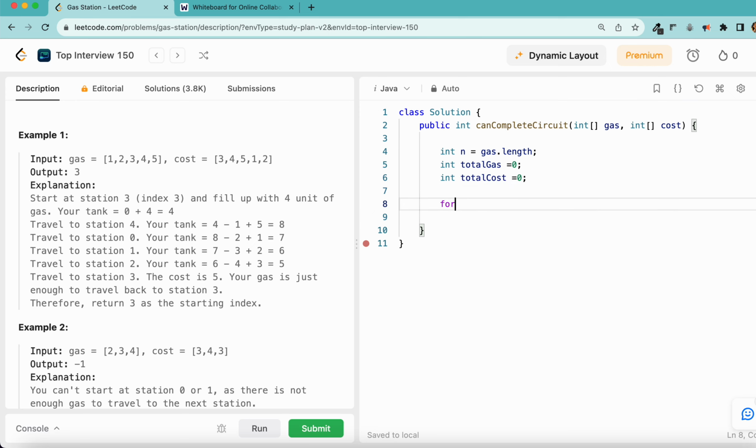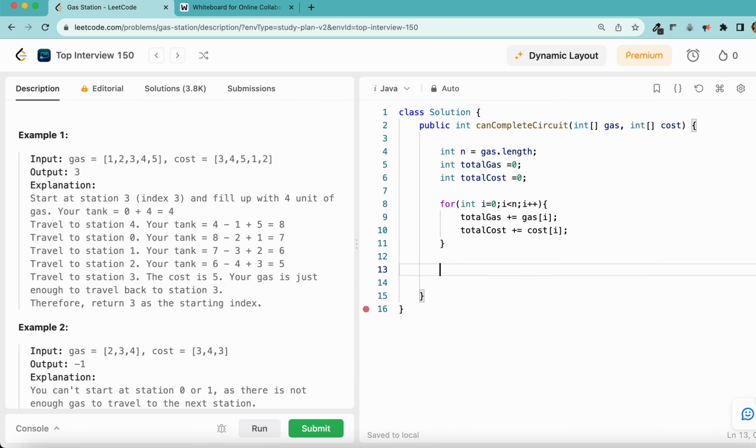Now I will traverse through the array, int i equal to 0, i less than n, i plus plus. I'll calculate total gas plus equal to gas of i, and total cost plus equal to cost of i. So these are the totals.